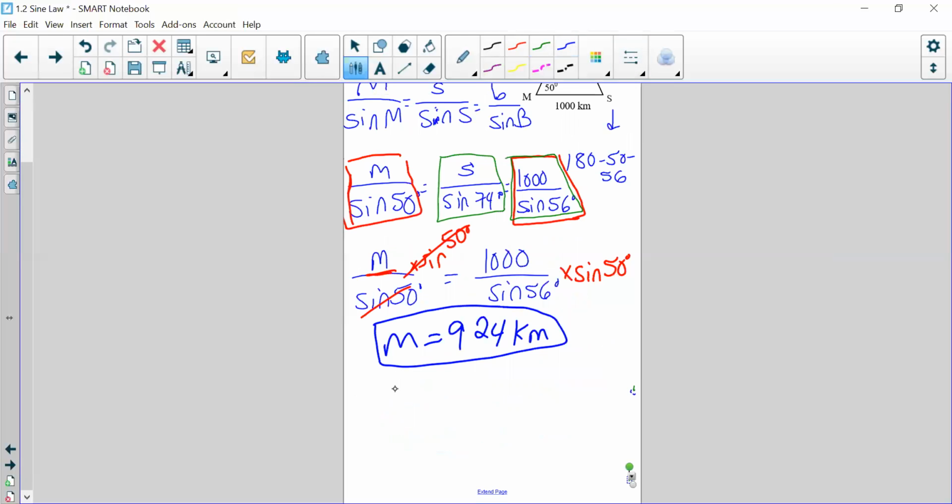So S over sine of 74 is equal to 1,000 over sine of 56.